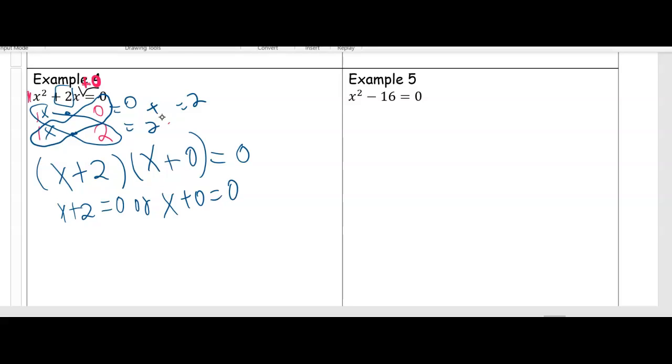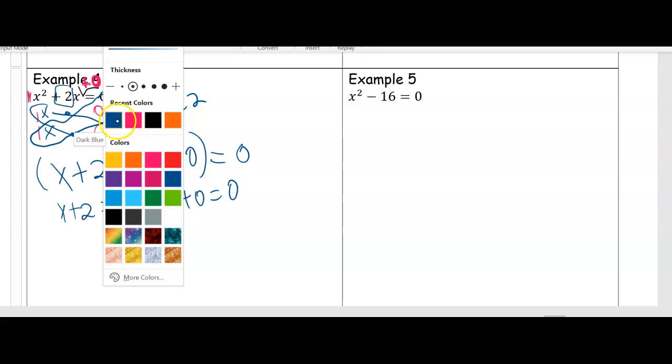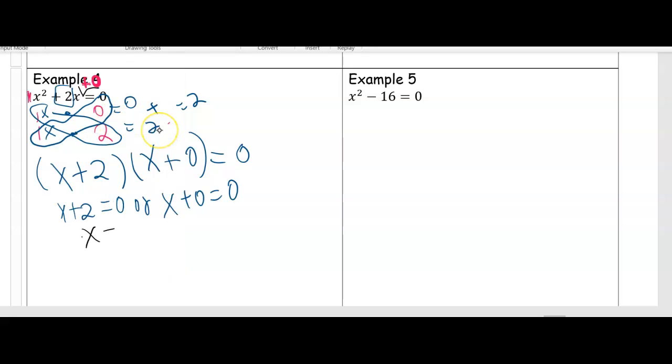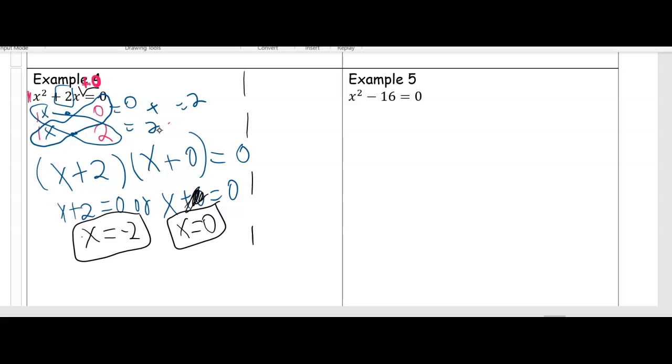So for the first little equation, solve it. We have x equals negative 2. And for the second little equation, 0, you don't even need to write it down. So it's x equals 0 directly. And that's it. Okay.